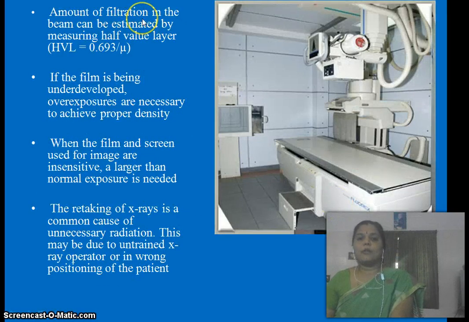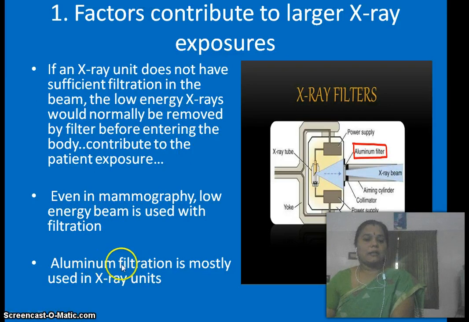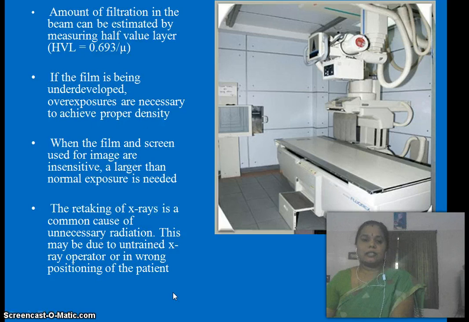And how much filtration could be used? The more prominent filters are aluminium filters, used in X-ray units to filter all these low energy X-rays, and this amount of filtration can be estimated by the half value layer. Hope you remember this, which we have discussed in radiation protection and therapy. This half value layer can be calculated from the linear attenuation coefficient called mu.